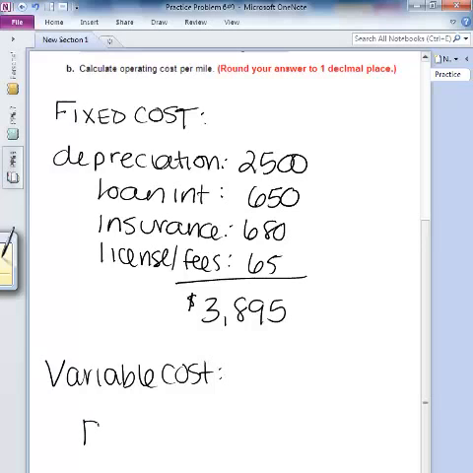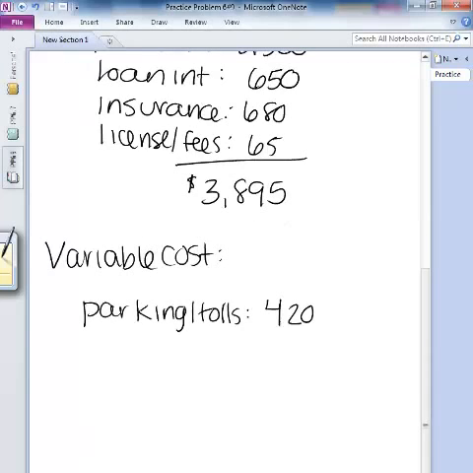Parking and tolls, that was $420, and my oil changes and repairs was $370. So we'll add those together, but I also have to add in gasoline.